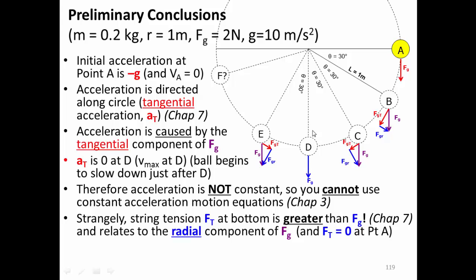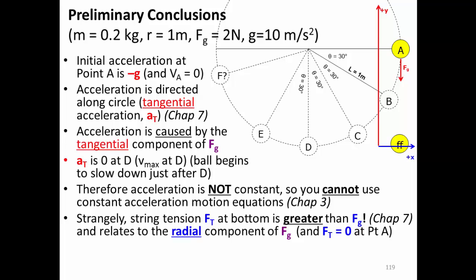You'll have a tension of the string pointed radially in, and you'll have gravity, or a portion of gravity in these other cases, pointed radially out. And at the bottom especially, you'll see quite a large difference between the two. That's really strange, and that's something we'll discuss more in Chapter 7. And if you go to Canopy Lake Park, can you think of some other situations where exactly the same situation occurs?